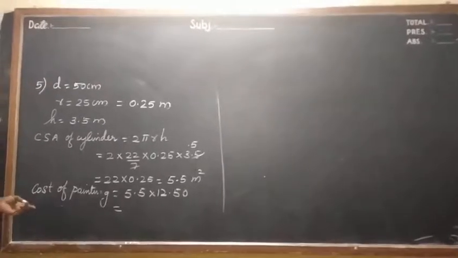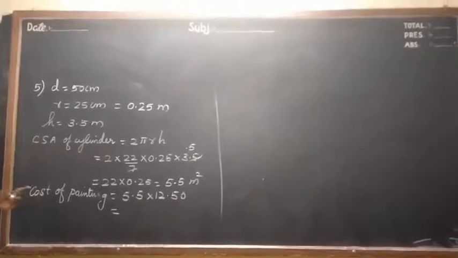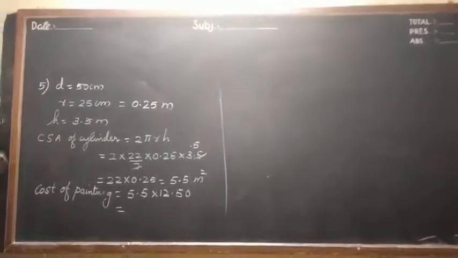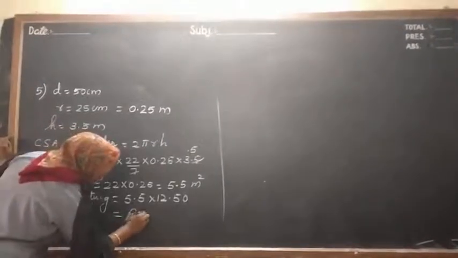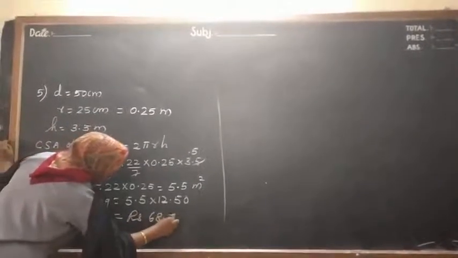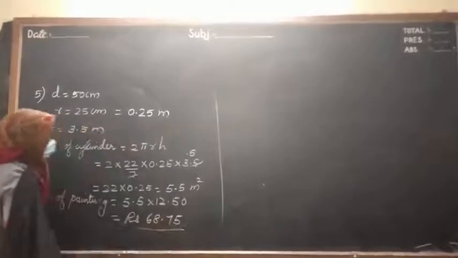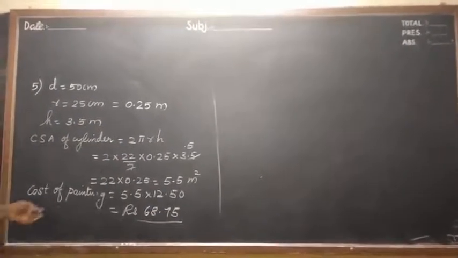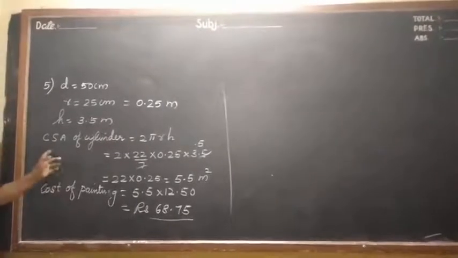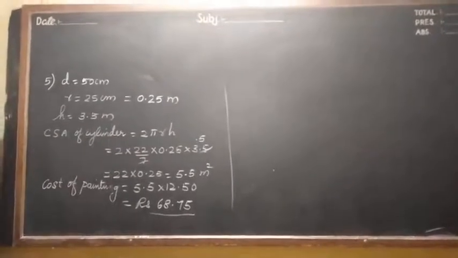So we get 68.75. So we need 68 rupees 75 paise to paint that pillar.